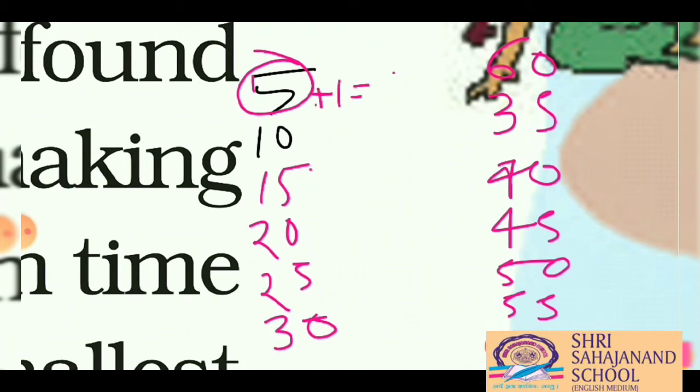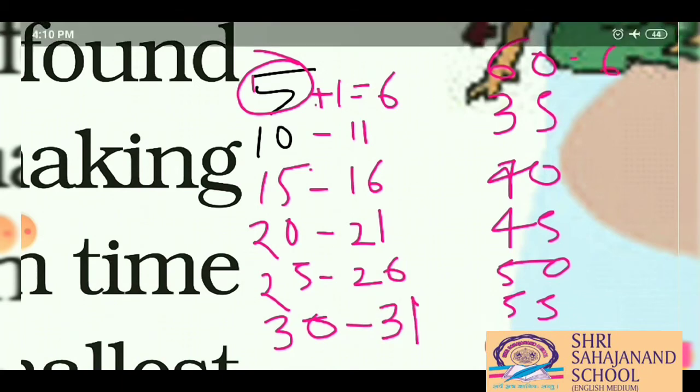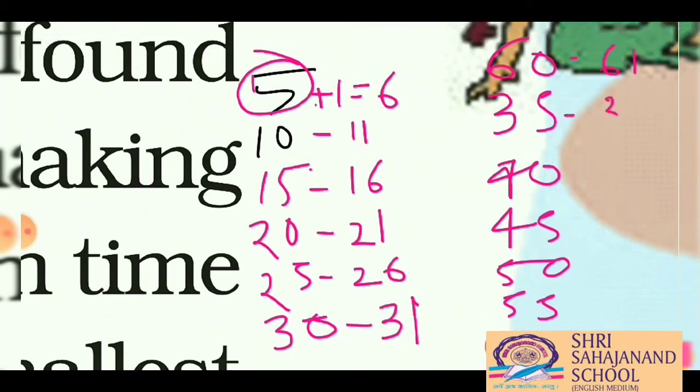So 5 plus 1 I will write 6, 10 plus 1 I will write 11, 15 plus 1, 16 I will write, 20 plus 1, 21, 25 plus 1 I will write 26, 30 plus 1, 31, 35 plus 1, 36, 41, 46, it is 51, and it is 56, and 60 plus 1 I will write 61.